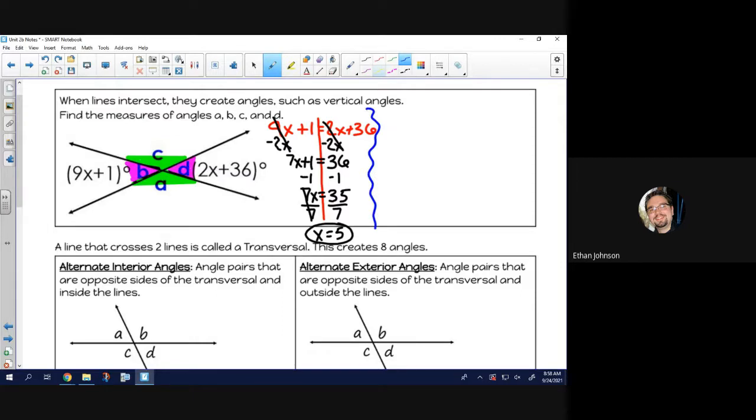We had to find out what x is in order to find out angle measures. So the only two that we can deal with right now are angle B and D. So I will deal with angle B. The measure of angle B equals 9 times our x, or 9 times the 5, plus 1. Well, 9 times 5 is 45, plus 1 is 46.